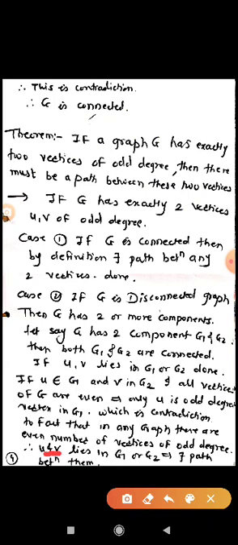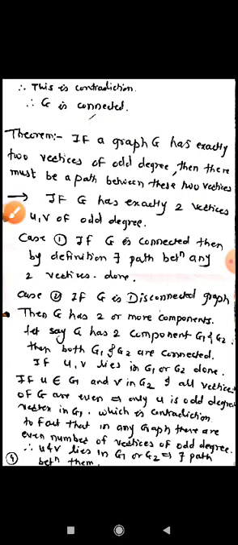Therefore there always exists a path between U and V, and hence we prove the theorem that if graph G has exactly two vertices of odd degree, then there must exist a path between these two odd degree vertices. Okay, hence proved the theorem.